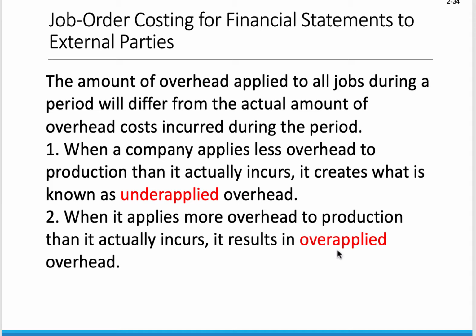So a very important takeaway is that you understand the difference between under applied and over applied. If I under applied, that means I didn't apply enough overhead, and at the end of the period, I still have costs that I didn't account for. Over applied means I accounted for more costs than I actually incurred.